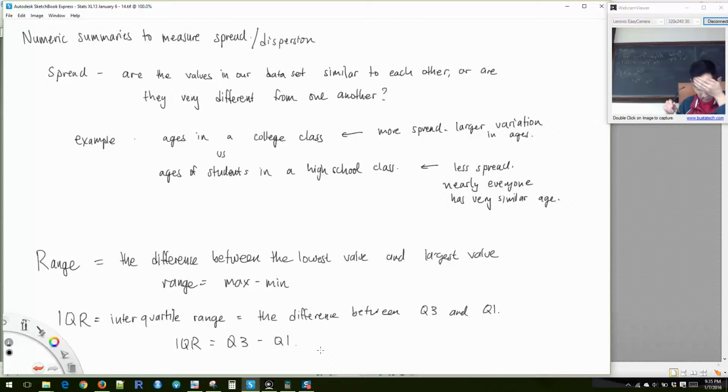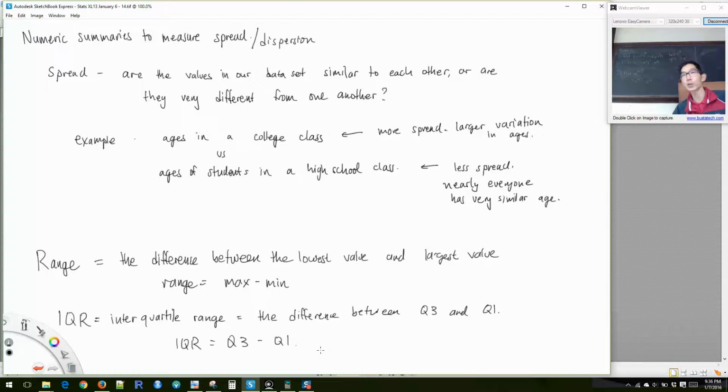Whereas the range is very much affected by the extreme values. If almost everyone is within a certain range, but you have one individual that's much smaller and one individual that's much greater, that's going to show up in the range.